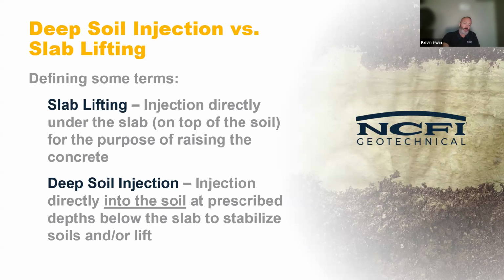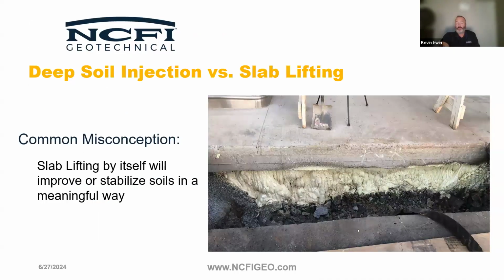Those are two real different types of application or methods for injecting polyurethane foam. A common misconception out there is that slab lifting by itself, that is direct injecting between the soil and the slab, will meaningfully improve or stabilize soils underneath.